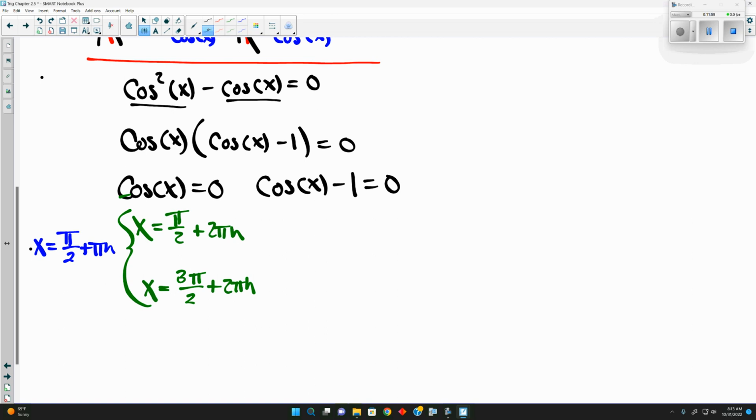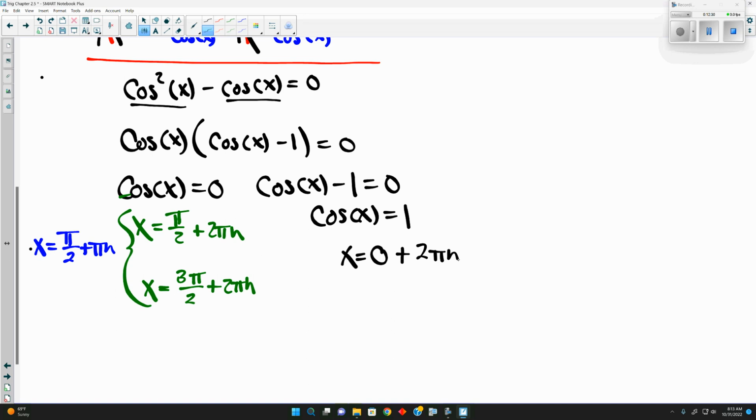And on the other side, cosine of x minus 1 equals 0 is really just saying that cosine of x is equal to 1. Well, cosine of x equals 1 at 0 degrees. And since we aren't restricted to the interval from 0 to 2 pi, we can say x is equal to 0 plus 2 pi.